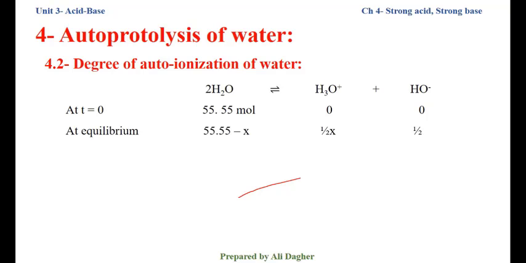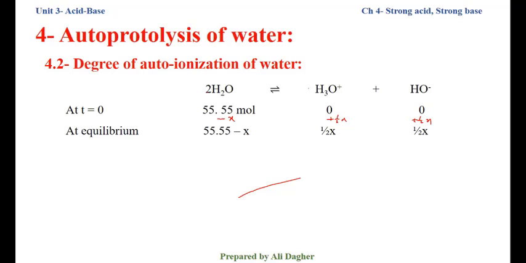At equilibrium, minus x variation for water, and plus one over 2 x, plus half x, for H3O+ and HO-. Stoichiometry 1 over stoichiometry 2, 1 over 2, plus for product and minus for reactant. At equilibrium, it remains 55.55 minus x for water. For H3O+, 0 plus half x equals half x, and 0 plus half x equals half x for HO-.